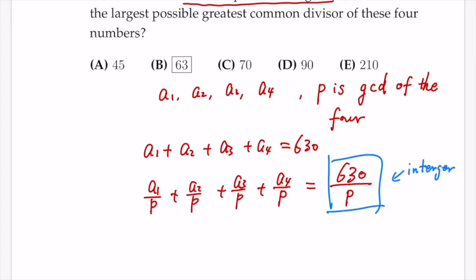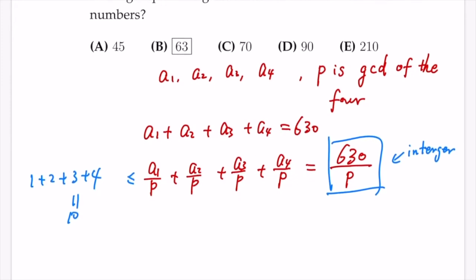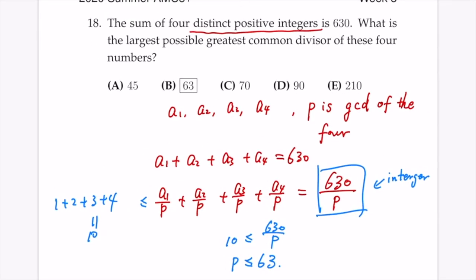Each term of the left-hand side must be an integer as well, and they must be distinct integers. So the minimum of them would be at least 1 plus 2 plus 3 plus 4, because they have to be distinct. That totals 10. So we have the inequality 10 is less than or equal to 630 over P. That means P is less than or equal to 63. By this argument, the largest possible greatest common divisor is at most 63.